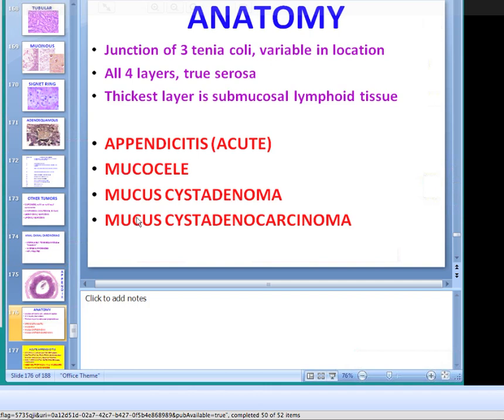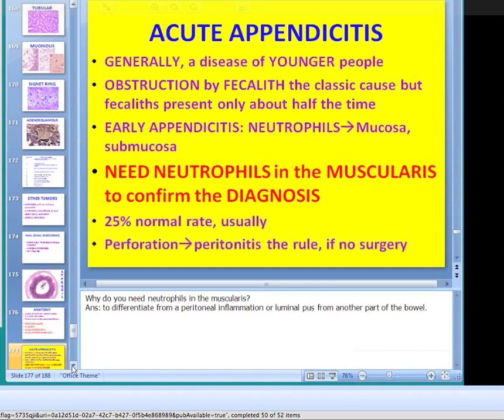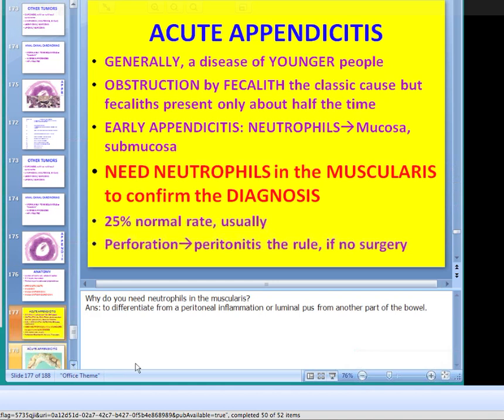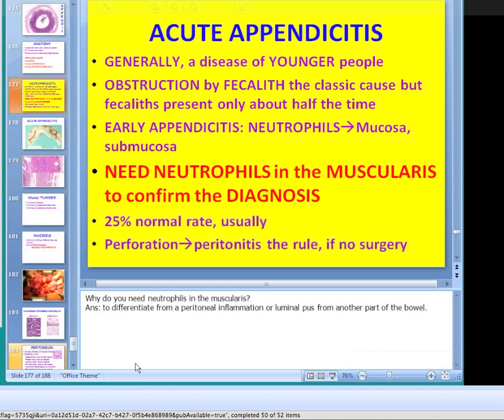You can have a benign glandular tumor of the appendix, also rich in mucus, called a mucinous cystadenoma, or a malignant tumor of the appendix, relatively rare, called a mucinous cystadenocarcinoma. So all of the tumors of the appendix, whether they're just cysts or benign or malignant clonal proliferations, they all have mucus in them.